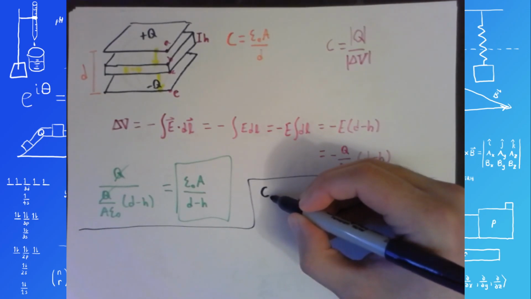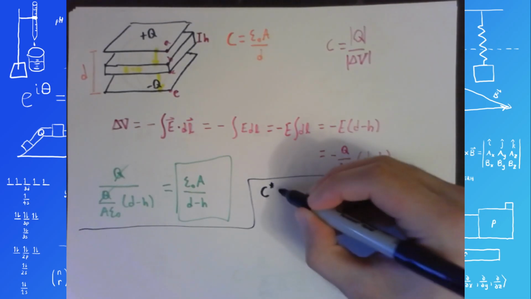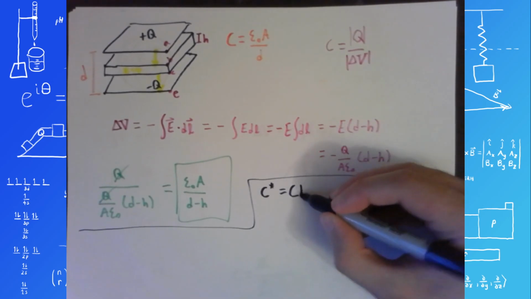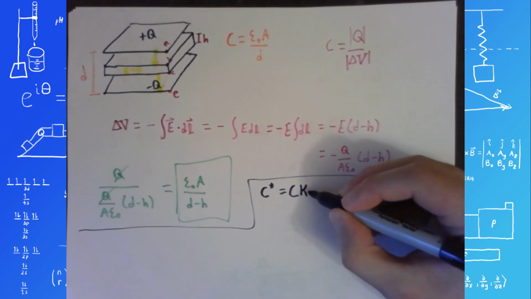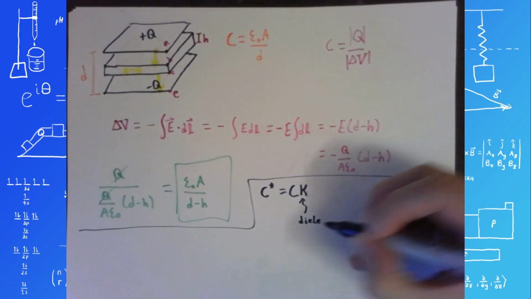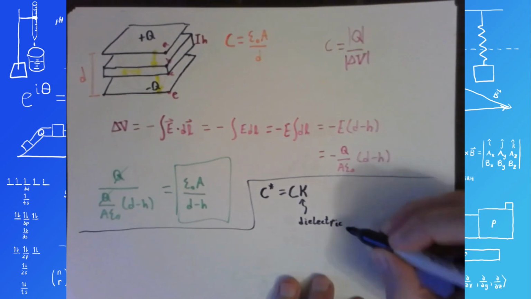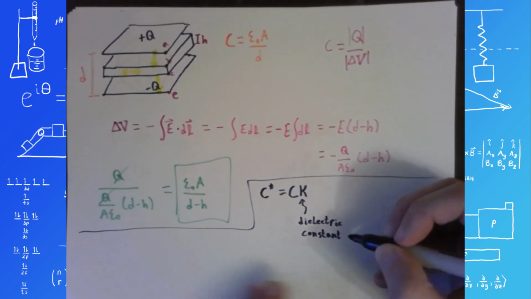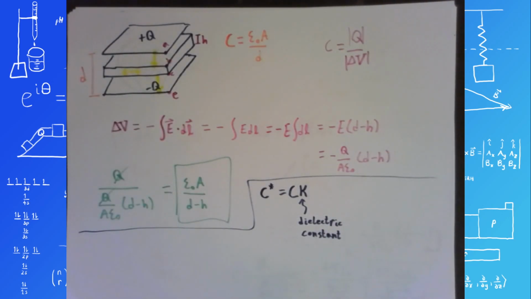Capacitance with a dielectric, I'll call it C star, is equal to the default capacitance of a capacitor multiplied by Greek letter kappa, kappa being the dielectric constant of the material that's being stuffed into the space between the plates of a capacitor, assuming it's a parallel plate capacitor to begin with, between the surfaces, I'll call them, of a capacitor.